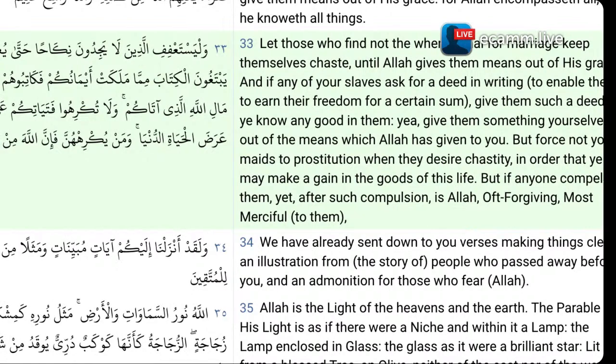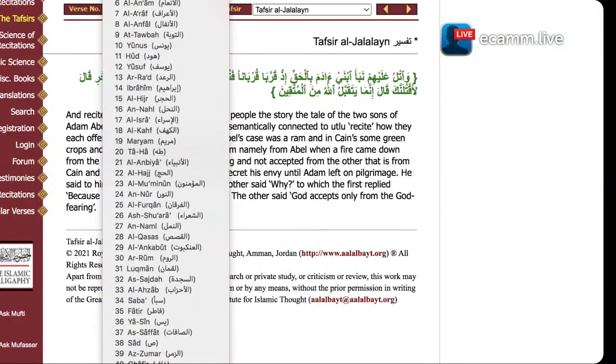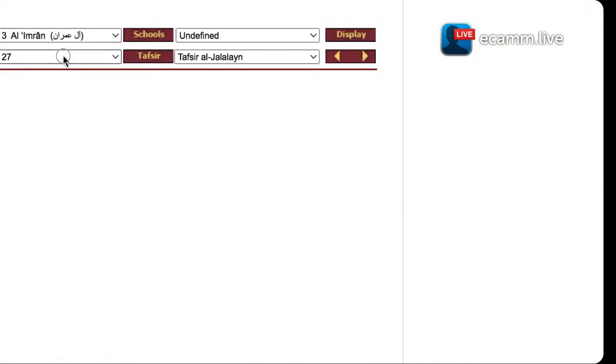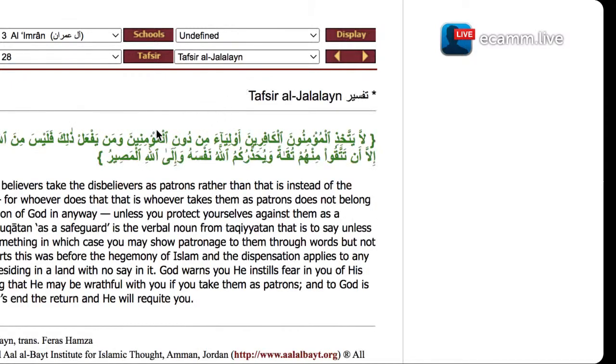It's time to go. Taqiyya is a Muslim lying. A Muslim is allowed to lie to non-Muslims. This is what taqiyya is. Chapter 3, verse number 28. So a Muslim can swear by Allah, denying anything you say to him. Like you say to him, does it say in the Quran, beat your wife? He will say, I swear by Allah, this is not true.